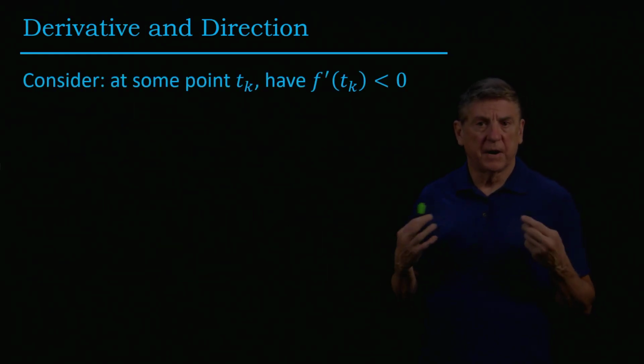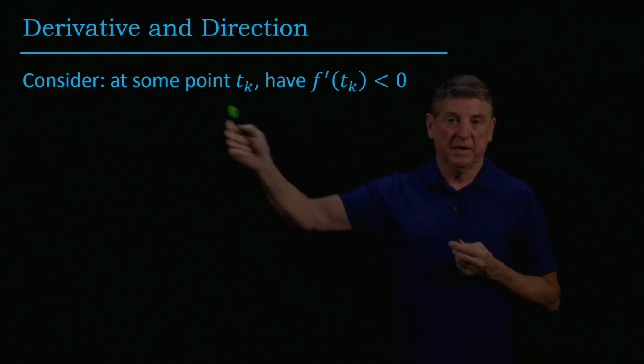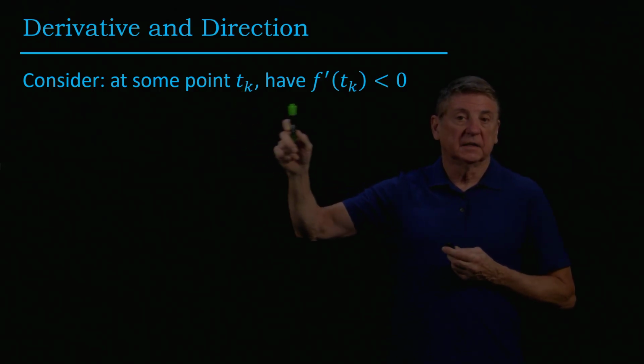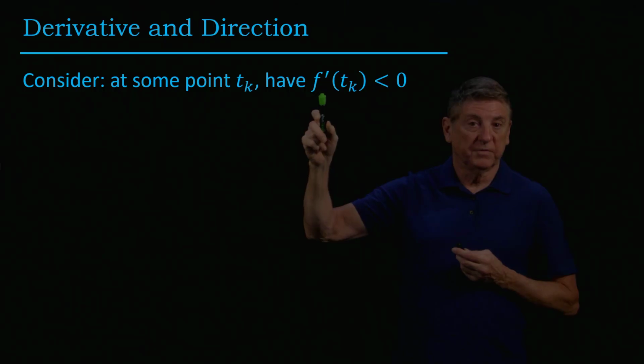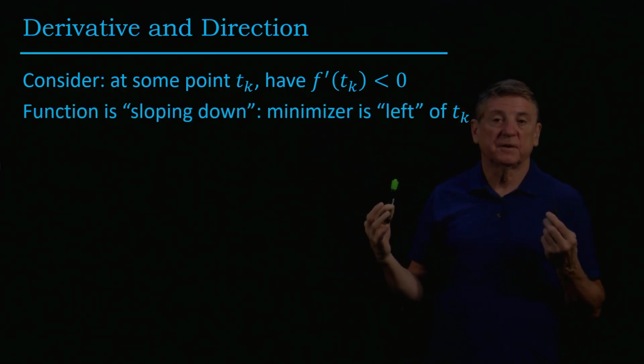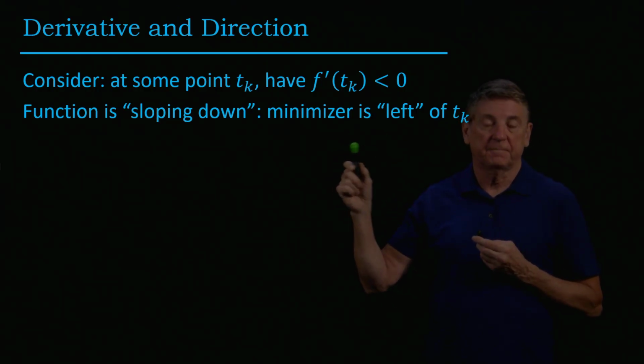So now let's combine all of this. Suppose that we are at some place in our iteration and we have a value t sub k. And let's suppose that the derivative at this point is less than 0. Then what that means is the function is sloping down and the minimizer has to be to the right of tk.